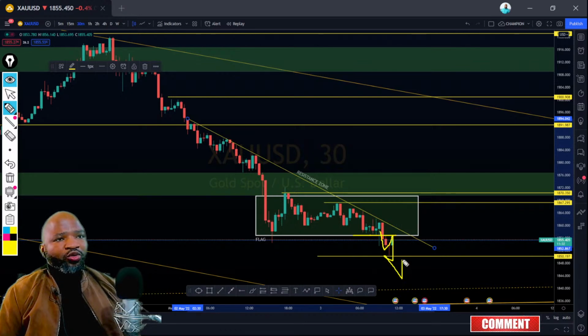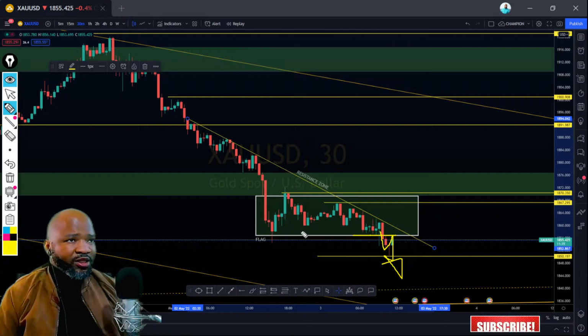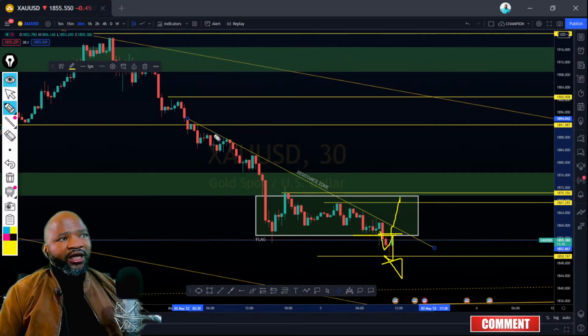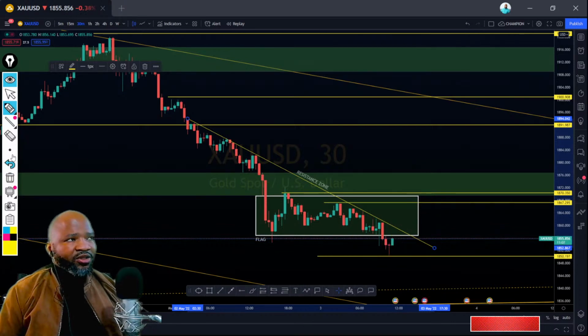It's about to push towards the downside. I hope this makes sense to you guys. If it doesn't respect the level right here where it broke, it can break back in and break this diagonal resistance zone, retest and push towards the upside. I hope it does make sense to you guys.